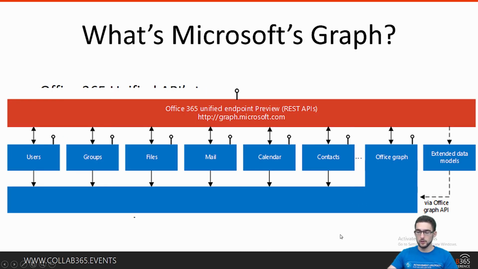What it brings together is one endpoint, graph.microsoft.com, for the unified APIs, the authentication, the insights of Office Graph, and also extension points for third-party vendors, although that's not yet available. So companies like SAP, or any third party, will be able to connect their objects to the Office Graph at some point.